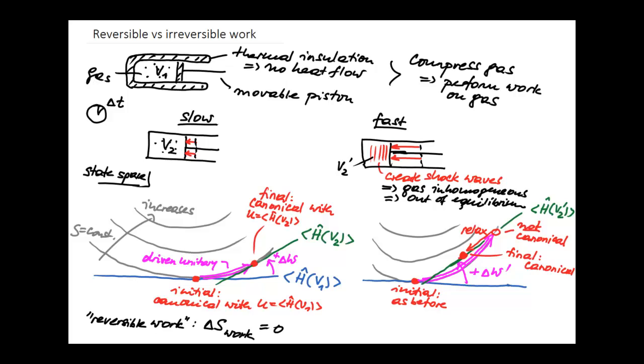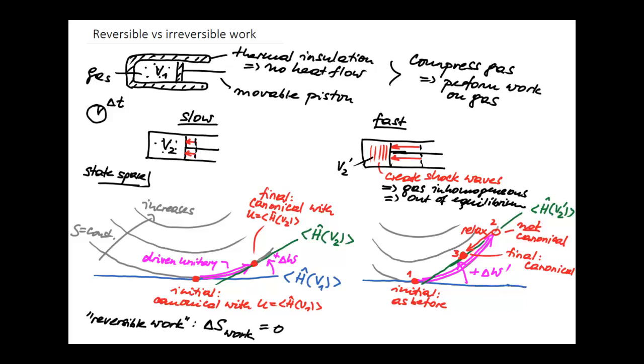Yeah, so here you have three states. You start with state number 1, then you have state number 2, and then you have a subsequent relaxation towards state number 3. Going from 1 to 2, you don't change the entropy, but going from 2 to 3, this relaxation increases the entropy.